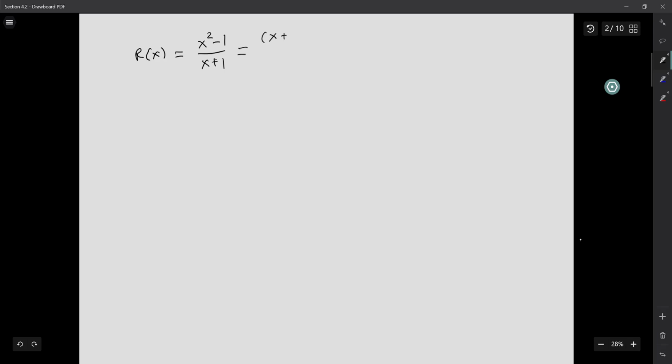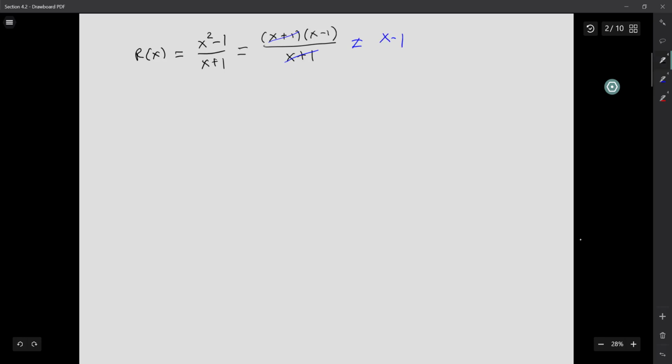I can rewrite this as x plus 1 times x minus 1 all over x plus 1. Now, it's tempting to look at these parts here and try to cancel them, but we're actually not allowed to do that when they're equal to 0. So this is not equal to x minus 1.